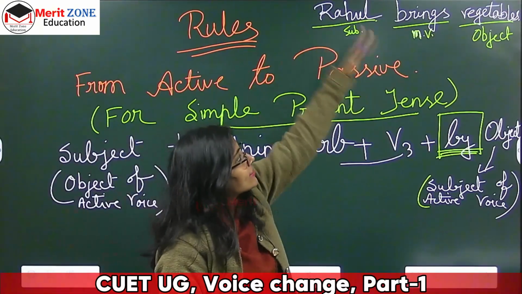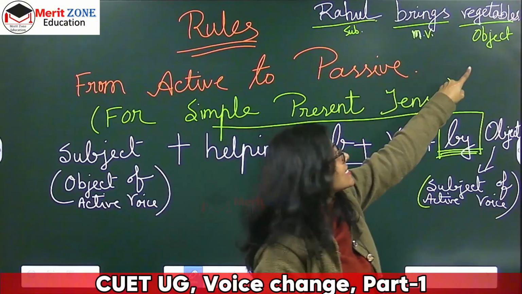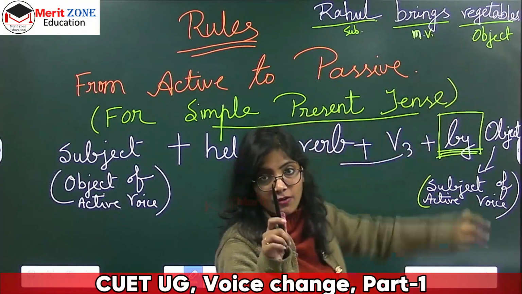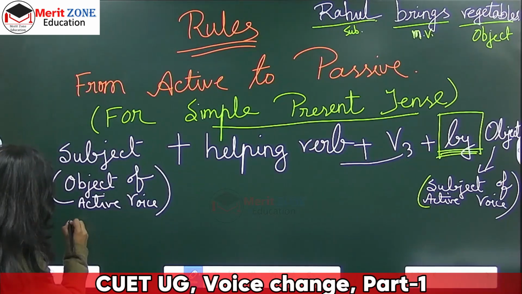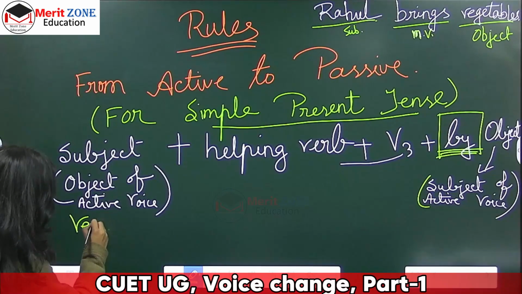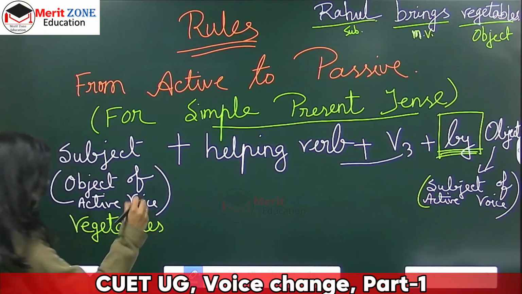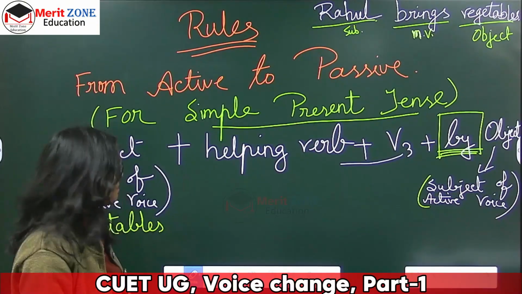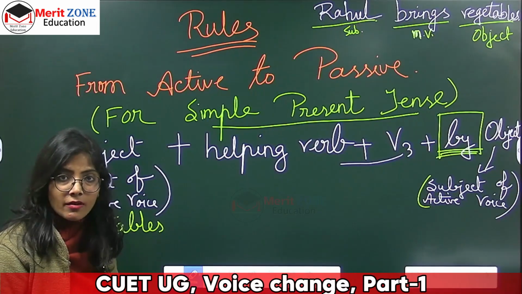Now find out in this sentence where is the object. Object is vegetables, right? So first I have to write that here: Vegetables. Now the very important part, helping verb. Now which helping verb will we use here?